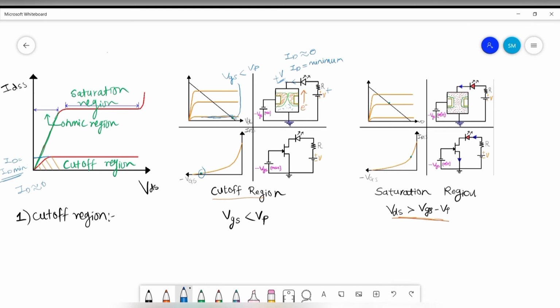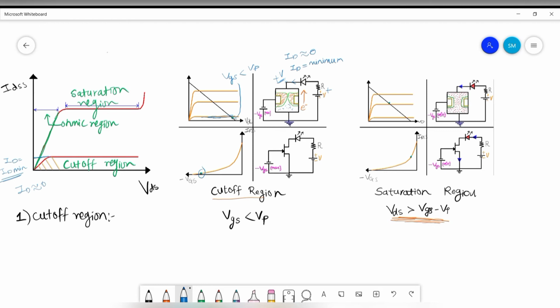Now we will move to the saturation region of JFET. For the JFET to operate in the saturation region, this is the condition: VDS should be greater than VGS minus VP. Let's say your VGS is operating somewhere over here.